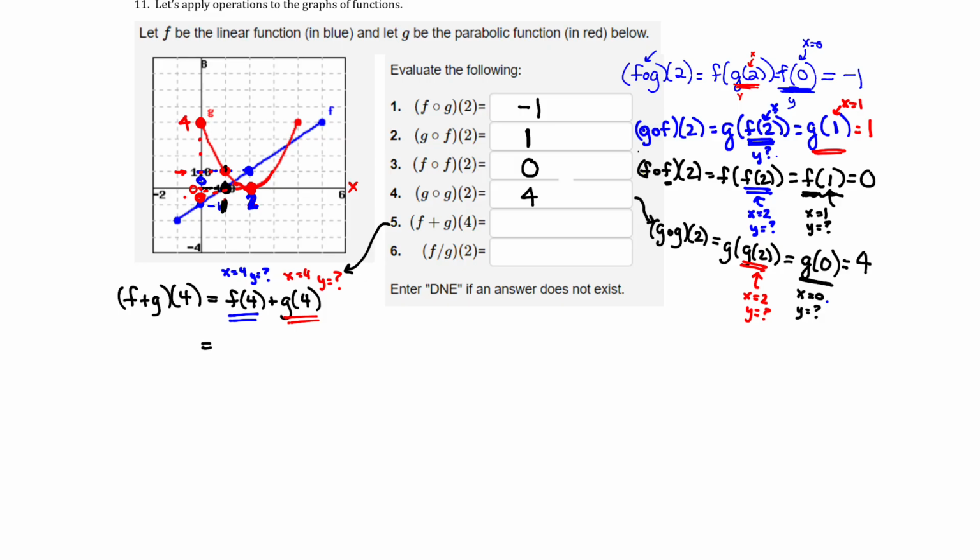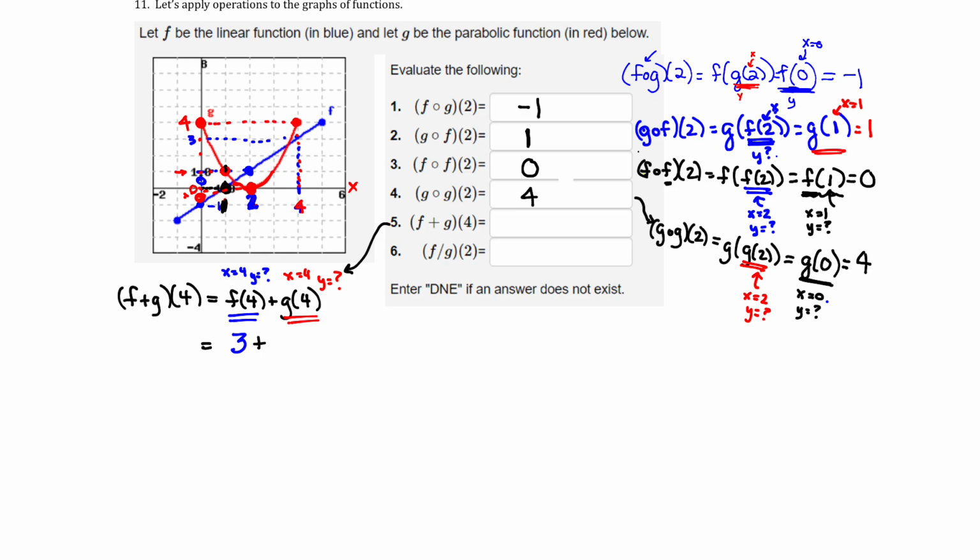So let's see. F of 4 means when x is 4, what is the corresponding y value? And if you notice, your corresponding y value is just 3. And g of 4, well, let's go to 4 again. And this time, we're up here on the red curve.